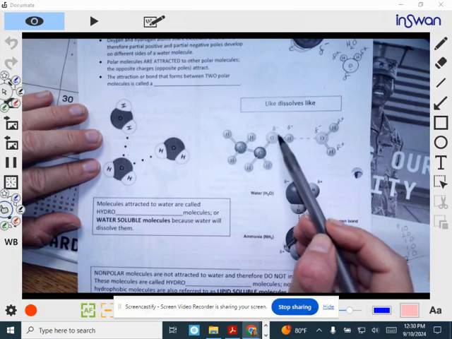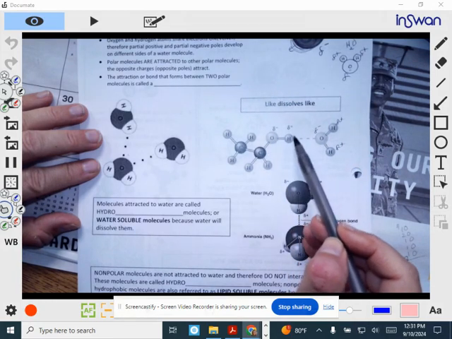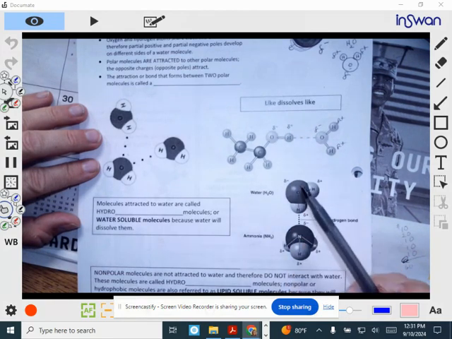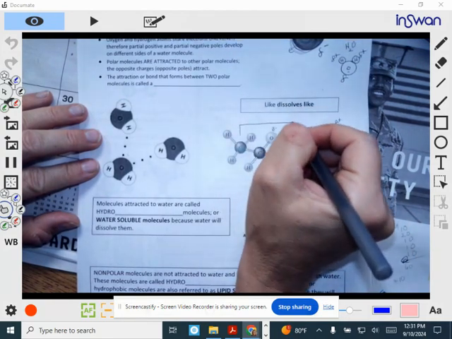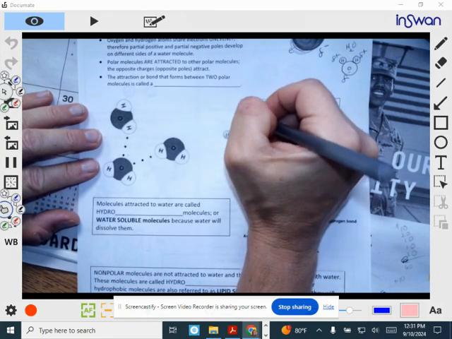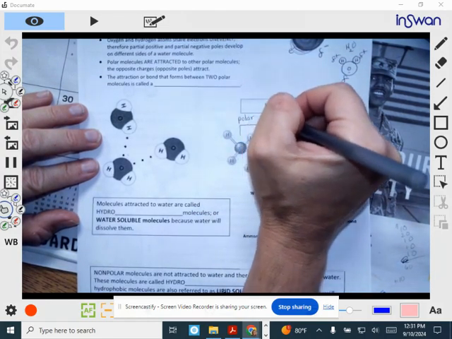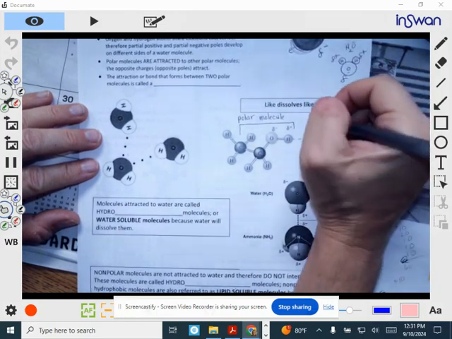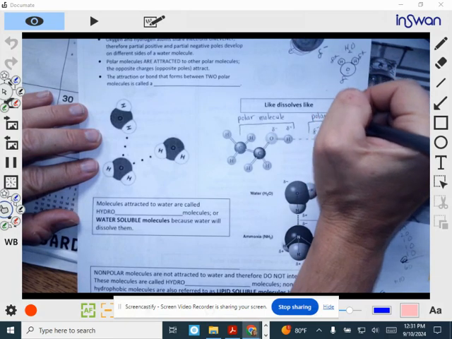So that must mean that this oxygen and hydrogen are sharing electrons unevenly, and so we're getting those partial charges. Anytime you see partial charges, you know that you're looking at a polar molecule. So let's indicate that's a polar molecule. And of course, water is a polar molecule, so let's indicate that too.